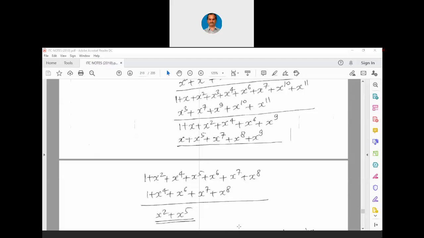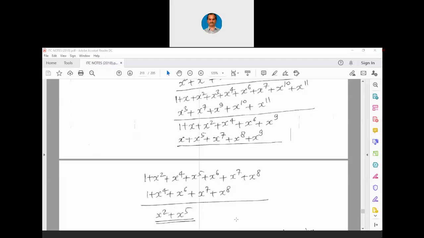If the received code vector is not having any errors, then we are supposed to get 0 here as remainder. But now we have a non-zero remainder, which means the received code vector is having errors. Now it is asked to find its syndrome. How to find the syndrome?